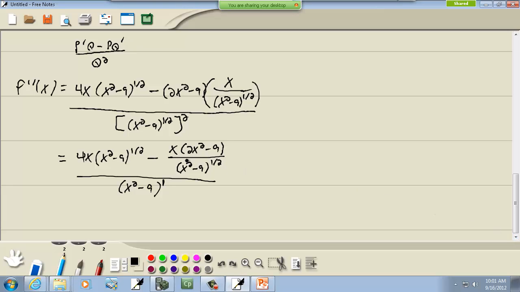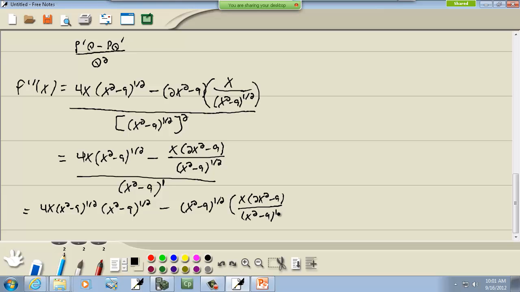Well, we can't have the fraction inside of a fraction, so we're going to multiply everything by x squared minus 9 to the 1/2. So I got 4x times x squared minus 9 to the 1/2 times x squared minus 9 to the 1/2 minus x squared minus 9 to the 1/2 times this fraction, x times 2x squared minus 9 over x squared minus 9 to the 1/2, all over x squared minus 9 to the first power times x squared minus 9 to the 1/2.